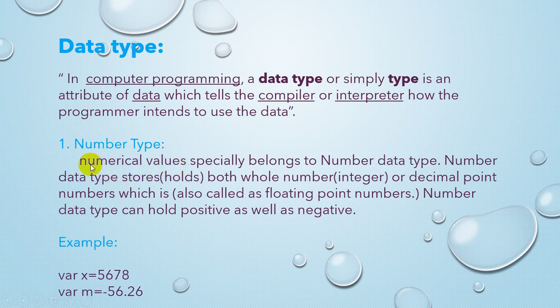Let's have a look. Numerical values means all the values, negative values, positive values, float values, decimal values, all the values which belong to numerical value. Please read it, numerical values especially belong to the number data type.